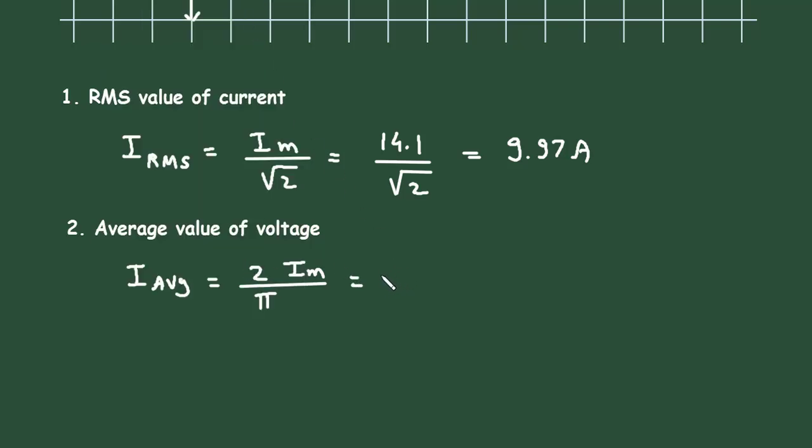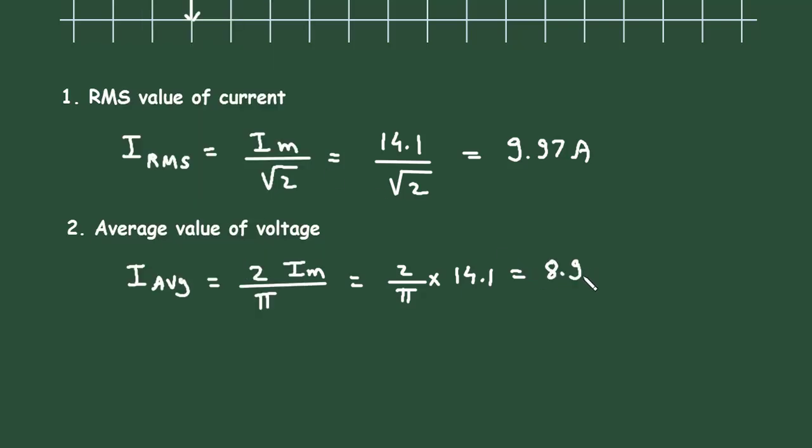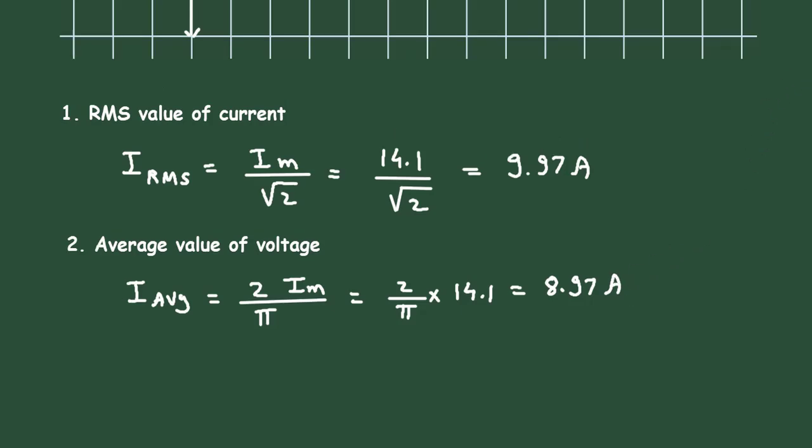So 2 by pi into Im. Again, the Im value is 14.1, so it is 8.97 ampere.